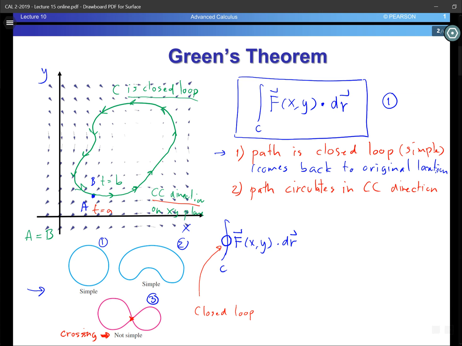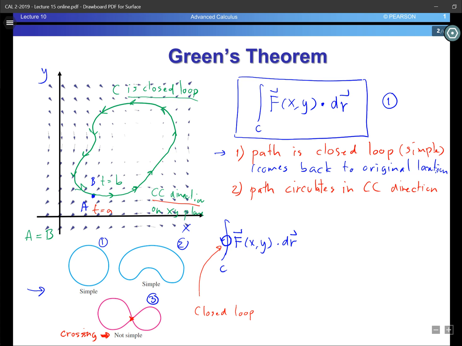Okay, and also we have to add another thing when it comes to the circulation in counterclockwise, so we can use this symbol to show that, hey, this is not just a closed loop. This integration is going to move in this direction too.